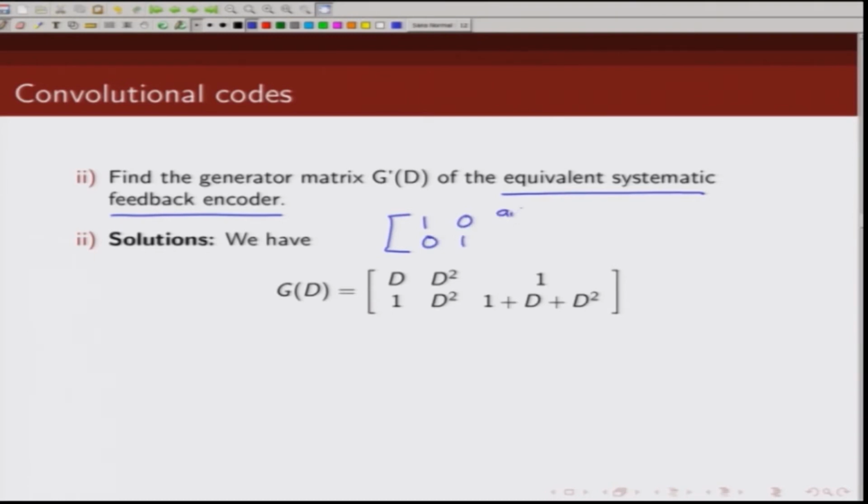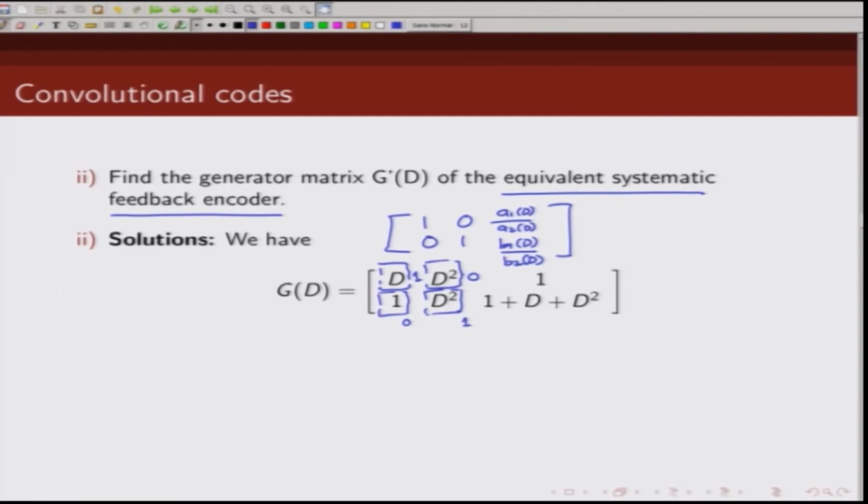Let us call it A1(D), A2(D) and B1(D), B2(D). So, we will have to bring this matrix in this particular form. So, we have to get this to 1, this has to be brought to 0, this we have to bring to 1, and this we have to bring to 0.